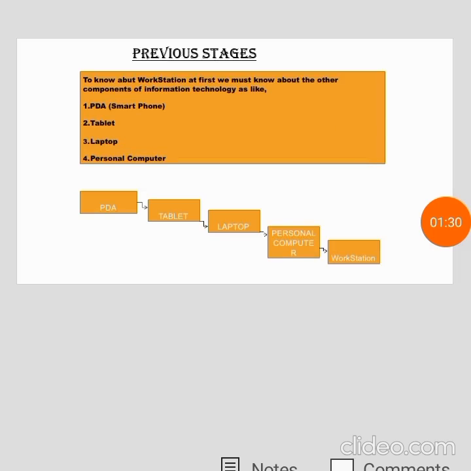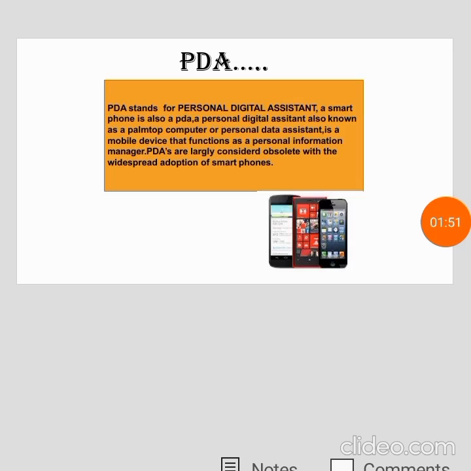So let's have a look at the previous stages. To know about workstations, at first we must know about their components of information technologies. They are the PDA, which is also called a smartphone, the tablet, the laptop, and the personal computer, as written on one of the slides below. So let's have a look at the PDA in detail.